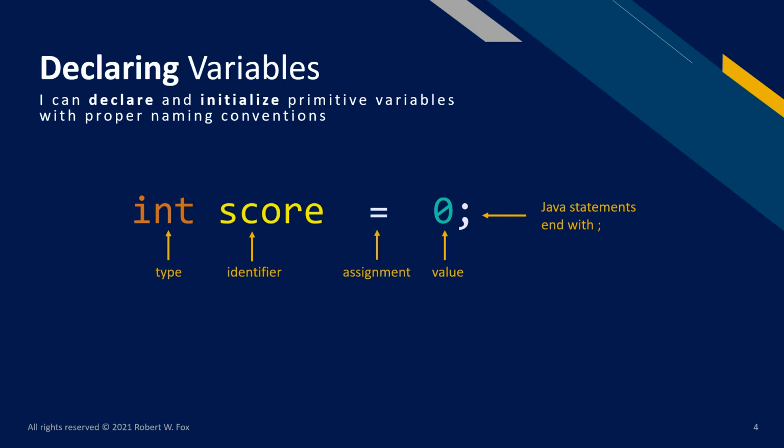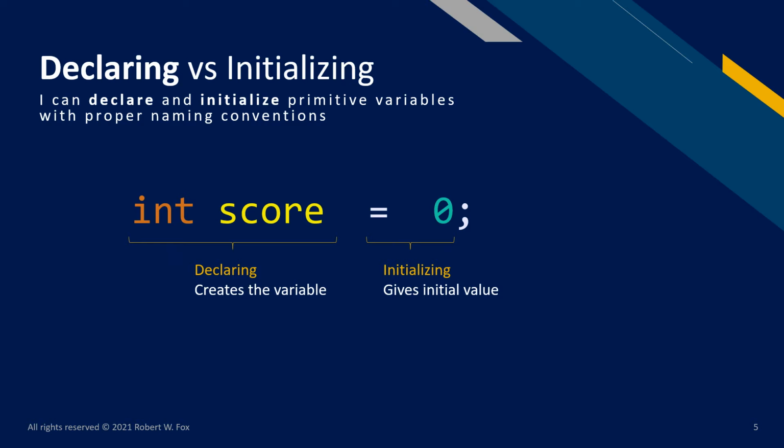Note that Java statements, pretty much all of them, will end with semicolons, which is probably something you've seen before in programming. Declaring and initializing are two words that are used very frequently when we're talking about variables, and it's important to understand the difference. When we declare a variable, that really is talking about the process of creating the variable, whereas initializing is giving it its initial value.